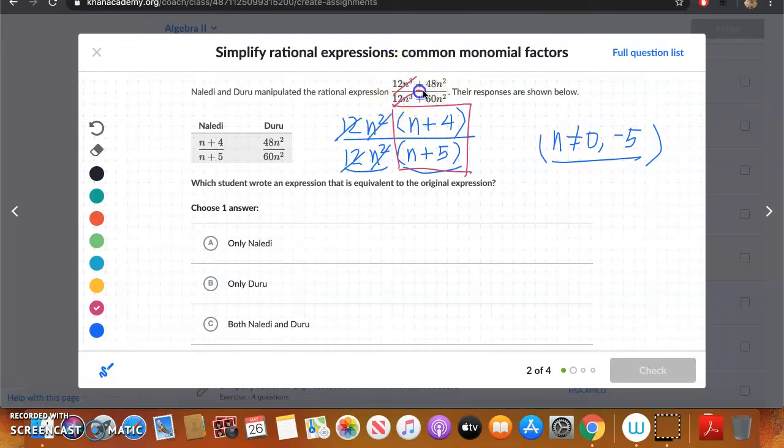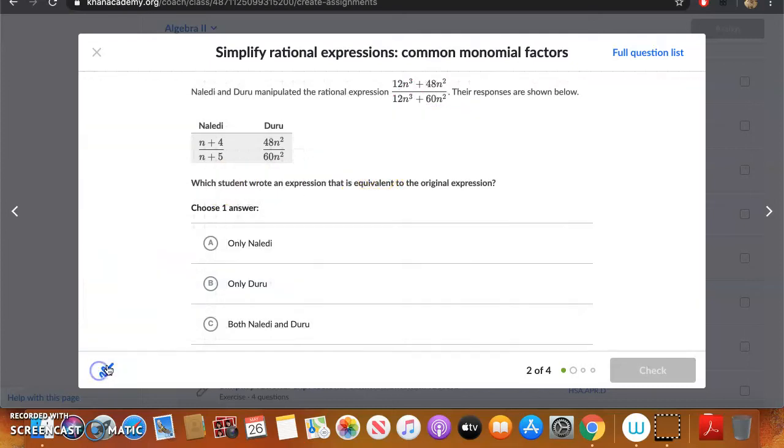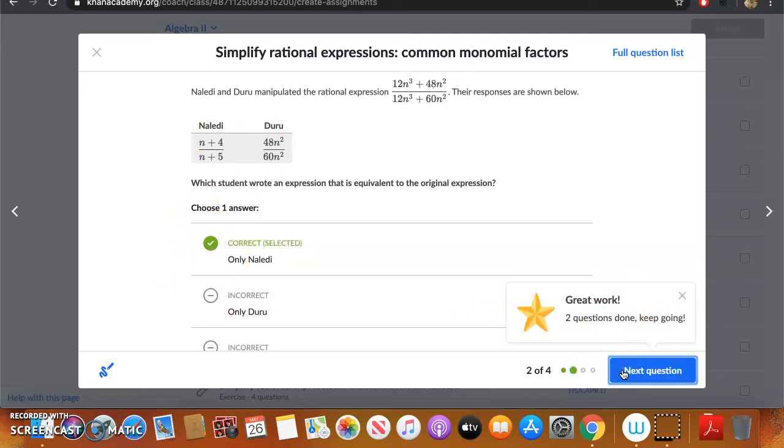They're added. They're part of factors. They're not factors by themselves. Okay, factors are multiplied. These 12 n cubes are added, so they're not factors. Okay, so therefore, final answer, Naledi. Only Naledi is correct. And there you have it. Okay, let's do another one.